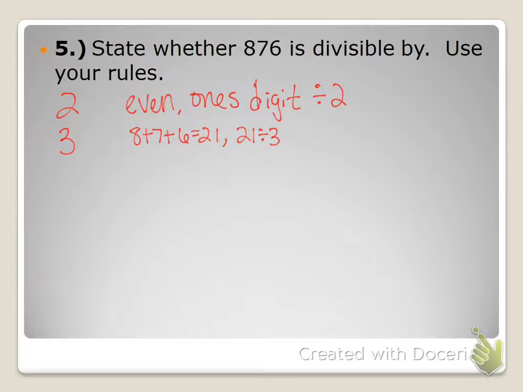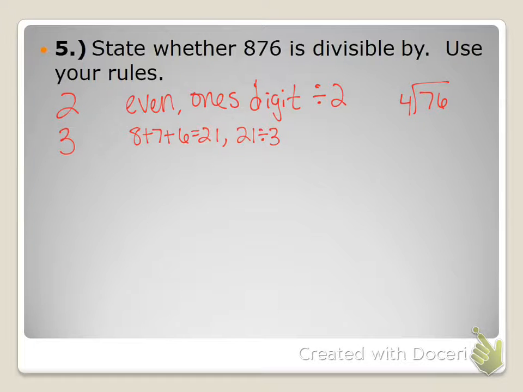What about 4? So what's our rule for 4? Okay, so the last 2 digits are what? 76. So is 76 divisible by 4?